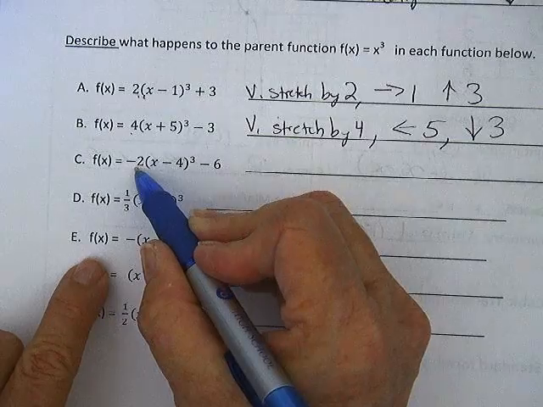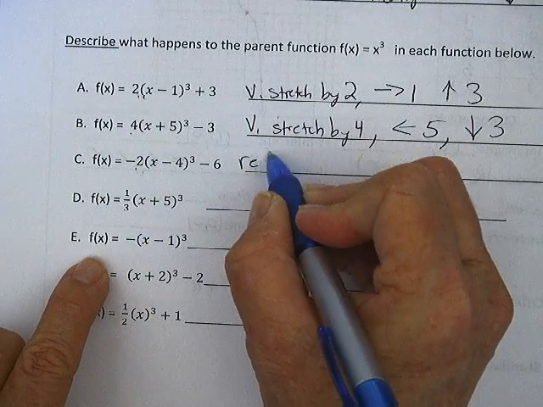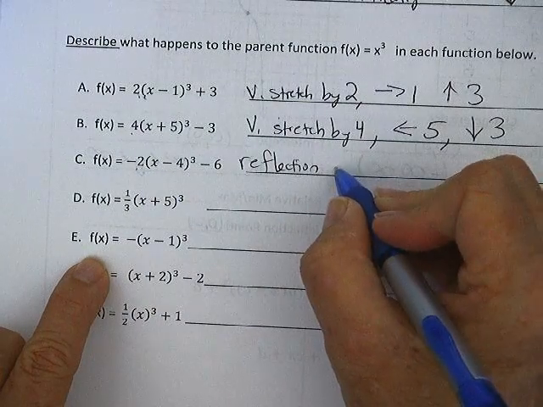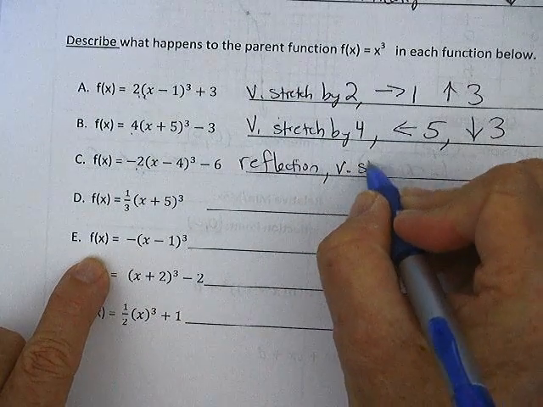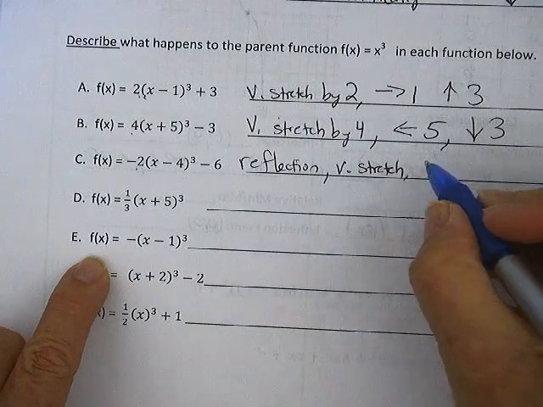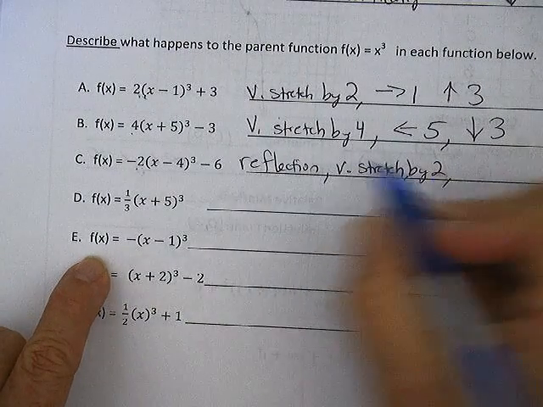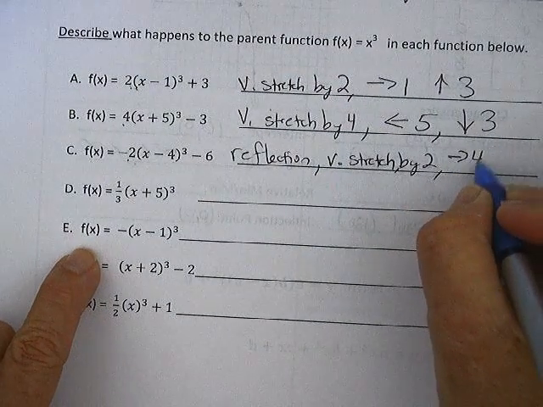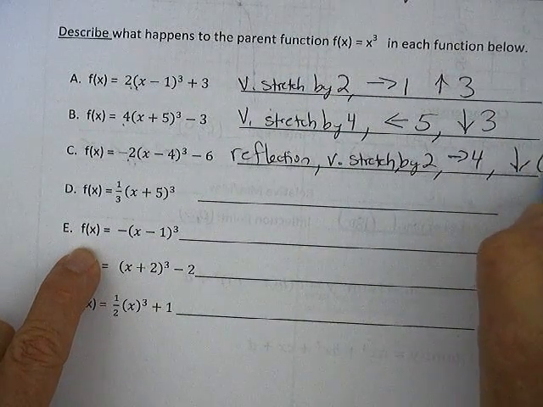Okay, we've got a negative at the start, so we know that's a reflection. The 2 is a vertical stretch by 2. The 4 here tells us we've gone to the right by 4 and down by 6.